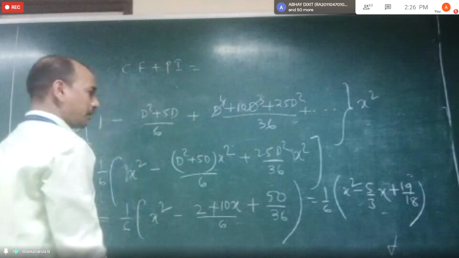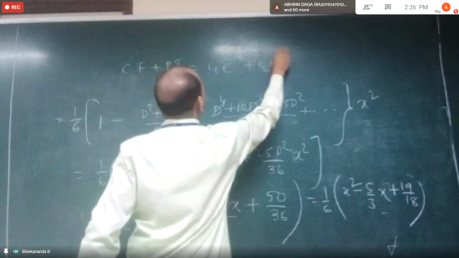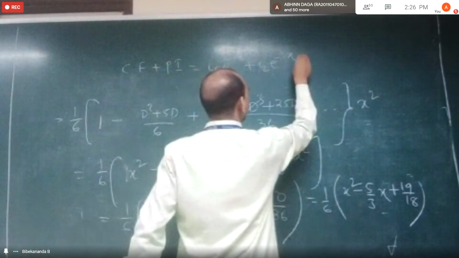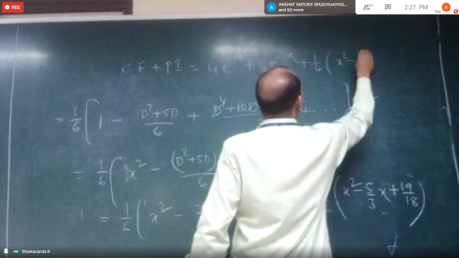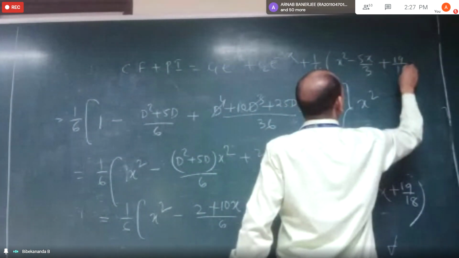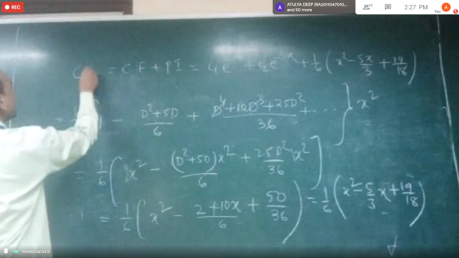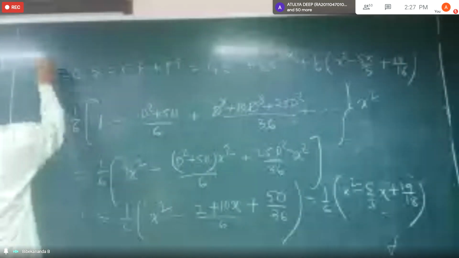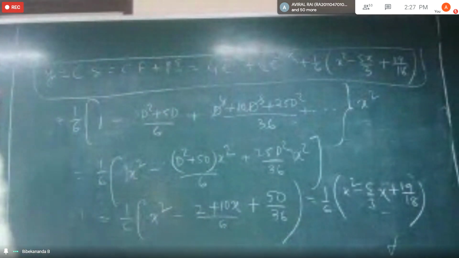And CF is nothing but C1 e to the power minus 2x plus C2 e to the power minus 3x, and plus 1 by 6 times x square minus 5x by 3 plus 19 by 18. And this is nothing but the complete solution, and this is your y. Okay, are you getting my point?